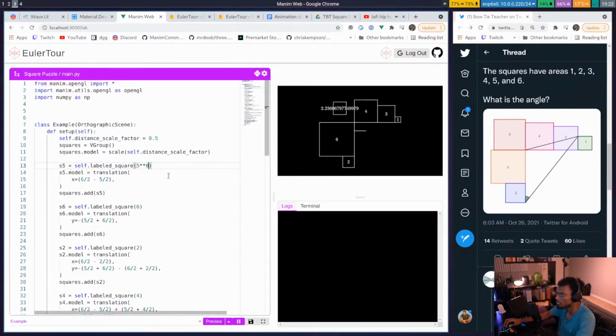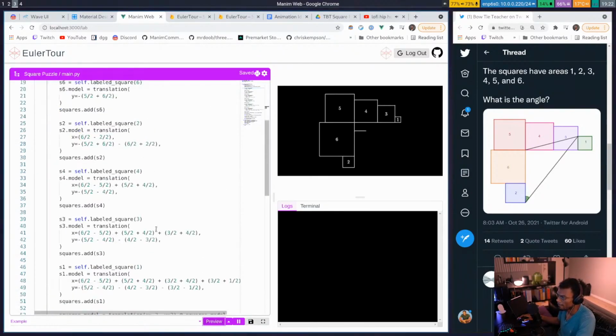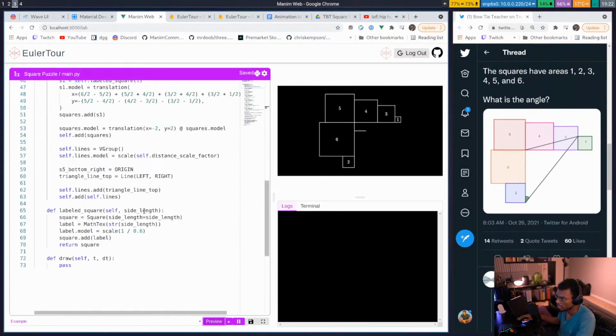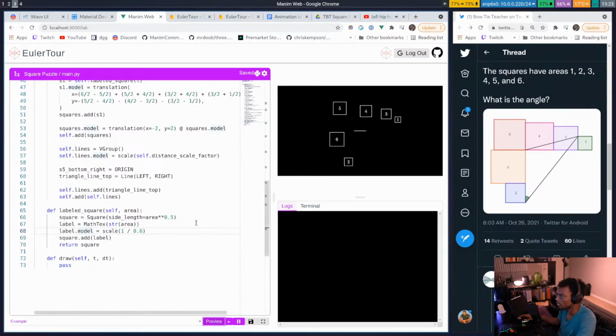Okay. Since I don't want to change the label. Labeled square, this will be area. And side length will be area, square rooted. Label will be area though. Okay.